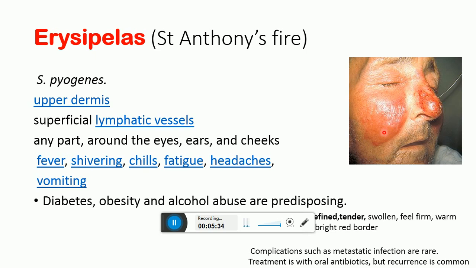Complications such as metastatic infection are rare. Treatment is with oral antibiotics, but recurrence is common. There is also fever, shivering, chills, fatigue, and headache, which occurs with every infection.